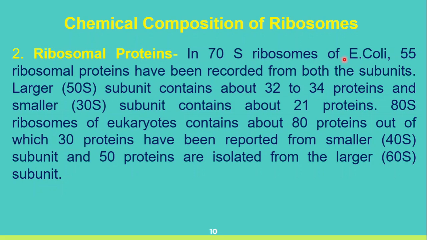In 70S ribosomes, if you see E. coli, because E. coli is a bacteria and it has a prokaryotic cell, and we know in prokaryotic cells 70S ribosomes are present.